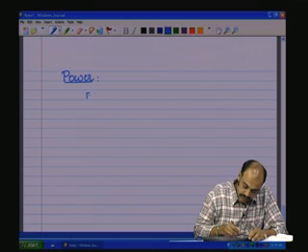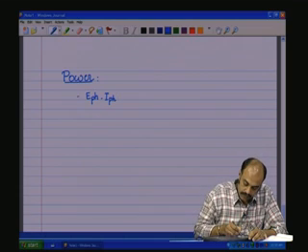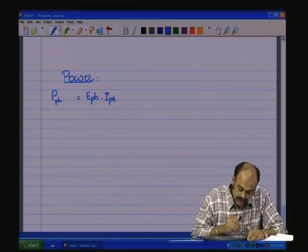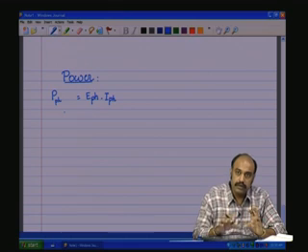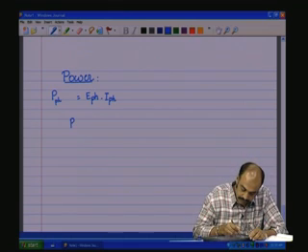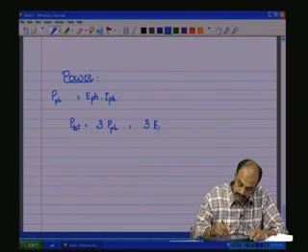So, E phase into I phase will be the power per phase. However, there are 3 phases, and therefore, the power of all the 3 phases get added up, and therefore, the total power P total will be 3 into the phase powers, which is equal to 3 into E phase I phase.